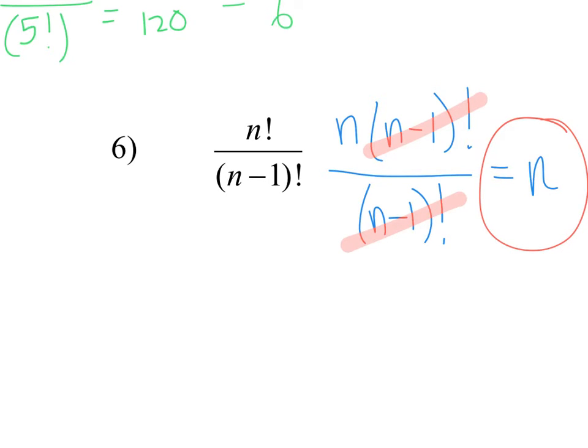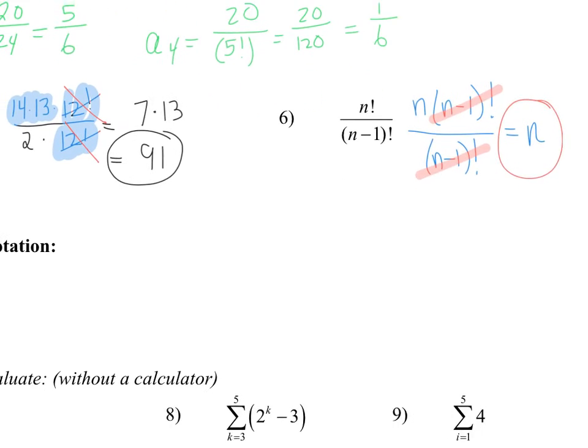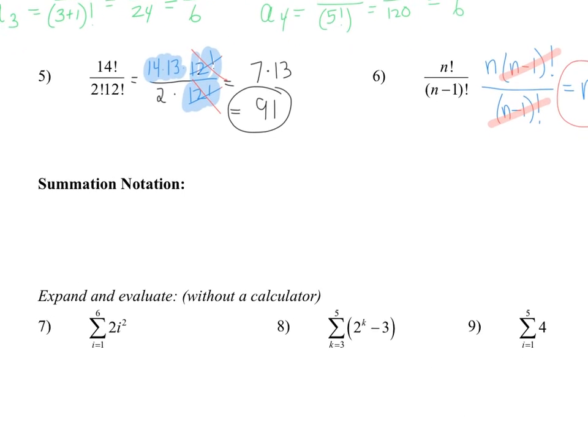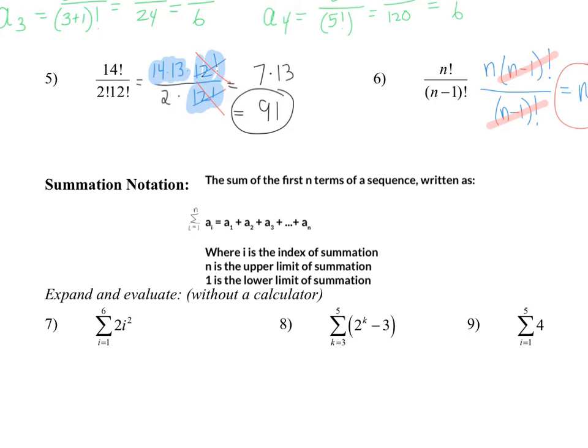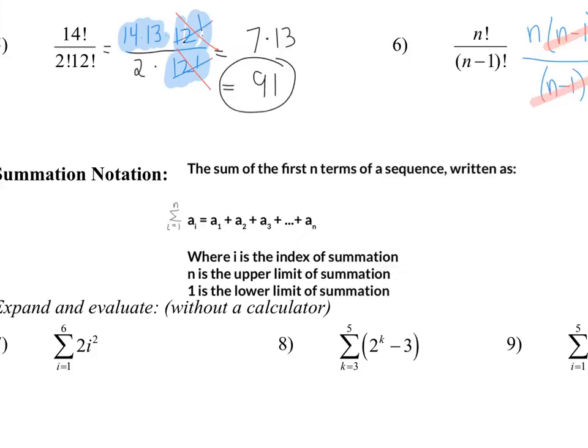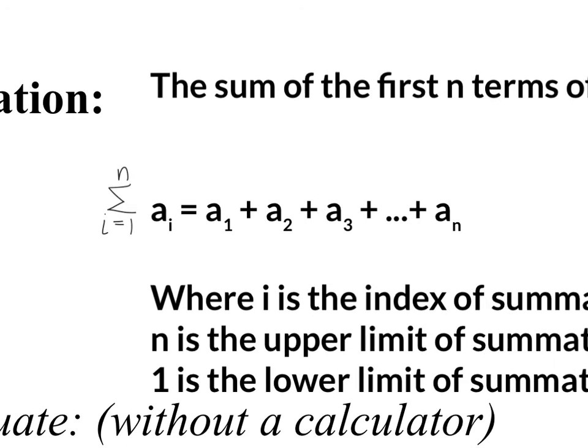All right, now we can move on to summation notation, our last definition of the day. Here's our definition. This is the sum of the first n terms of a sequence. And the way we write that, let me just zoom in here for us. We have the sigma notation where i equals 1 at the bottom and n is at the top.